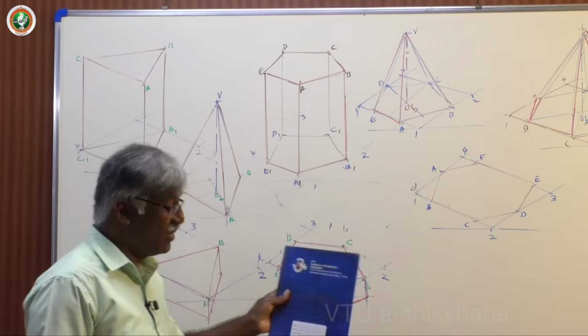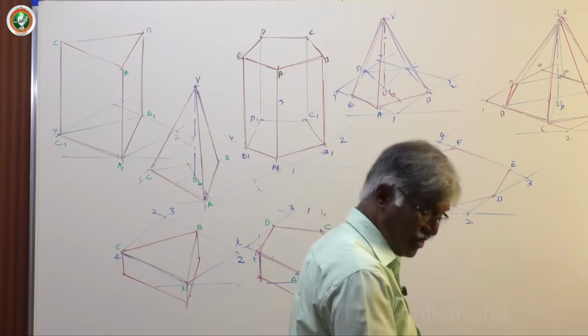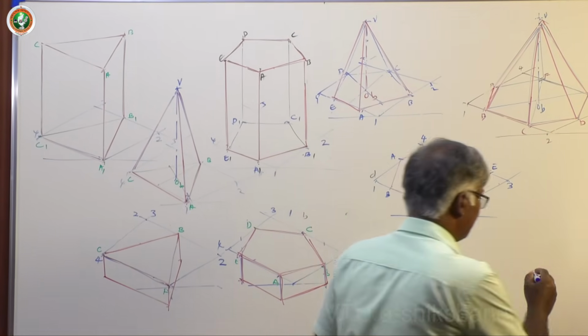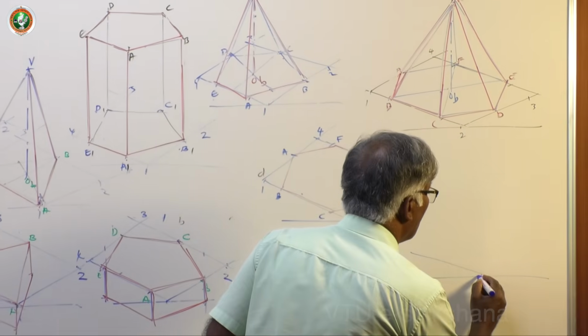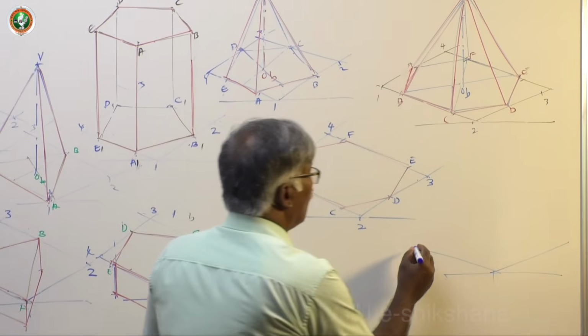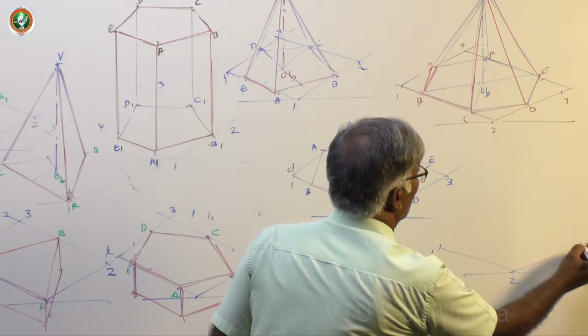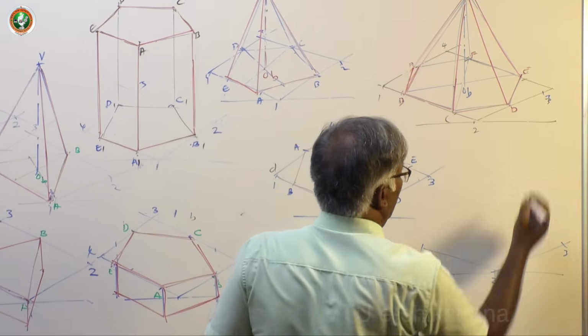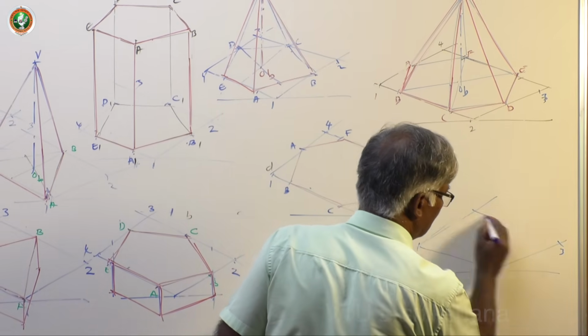Now, I will fix the prism. Prism is again easier. So, 1 to 2, then 2 to 3. Similarly you can keep it this way, parallel lines.